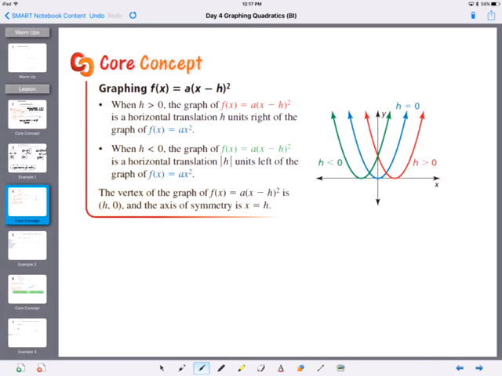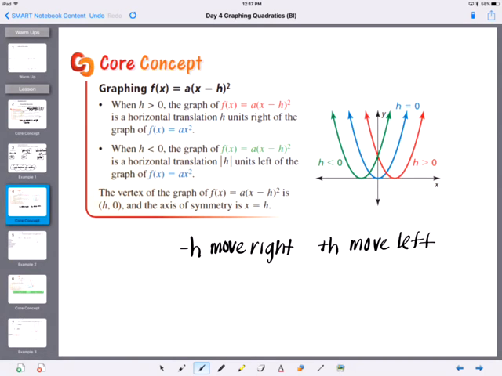So what that is saying is if we have a negative h inside our parenthesis, it's going to move our graph right. If we have a positive h inside our parenthesis, it's going to move our graph to the left.